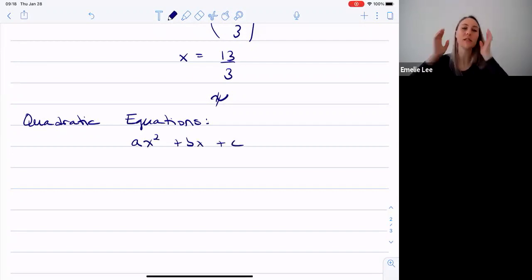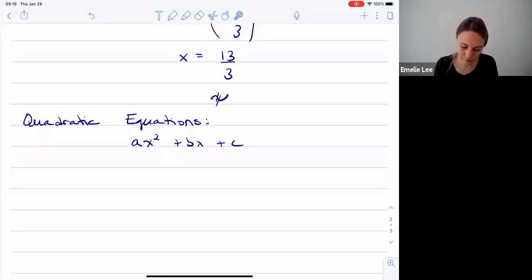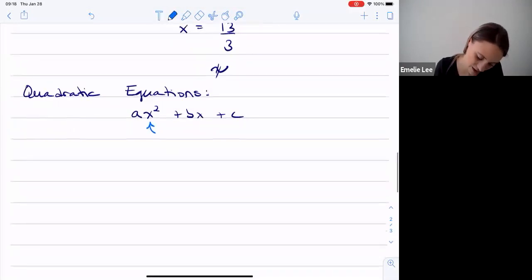Okay, so whenever you see something like this, yes, it's a polynomial, right? A polynomial because it has powers of x that are decreasing. And what's special about it is the highest power of x is 2. I'm having a deja vu. I must have said this already last day.